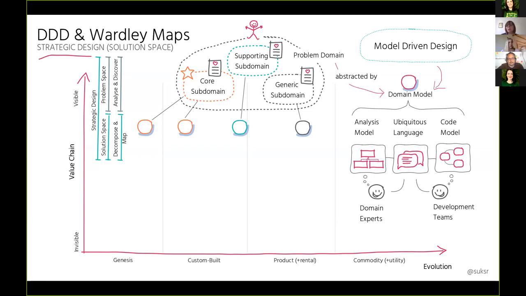And later on, it could result in a code model in the technical design area. I'll come to that one later. And what is really important to highlight here is that the domain model itself does not contain any technical concerns, but instead reflects the business logic itself, and is described in terms of the shared language, the ubiquitous language.